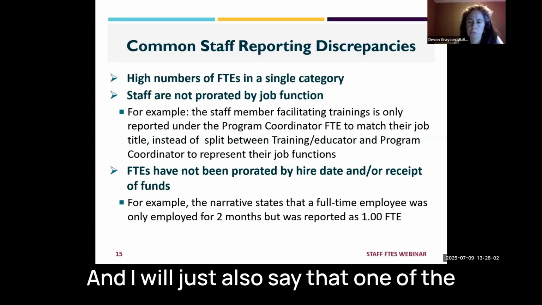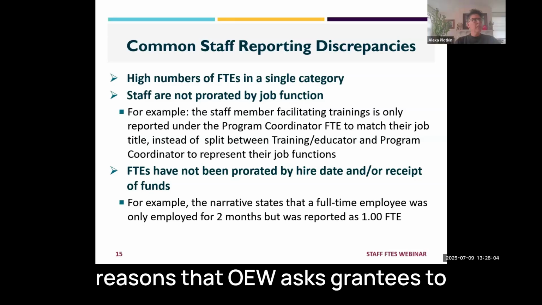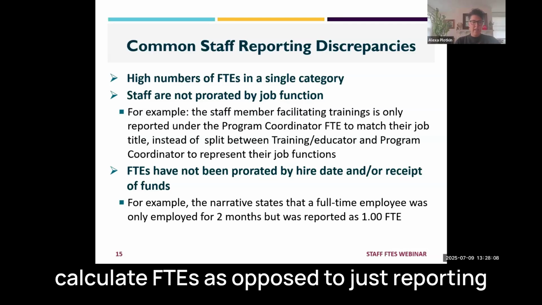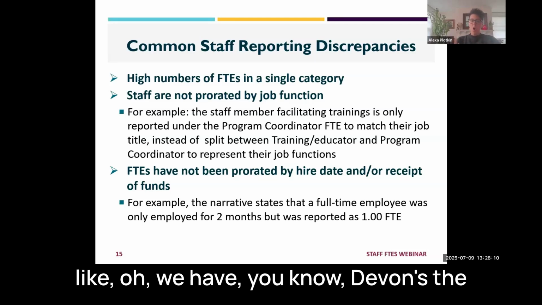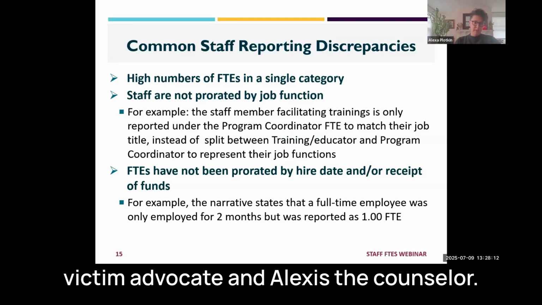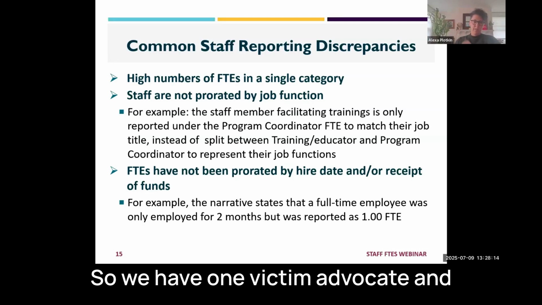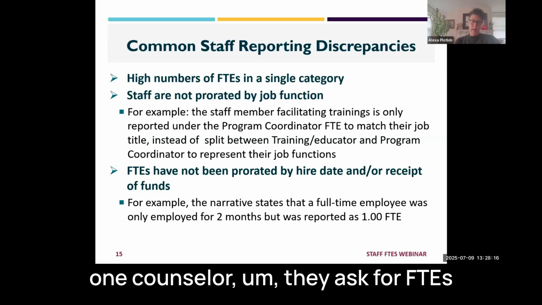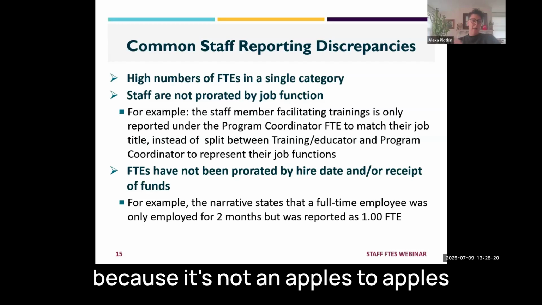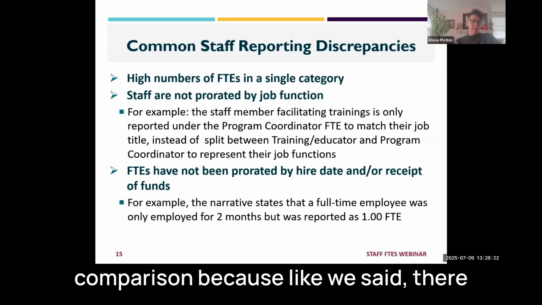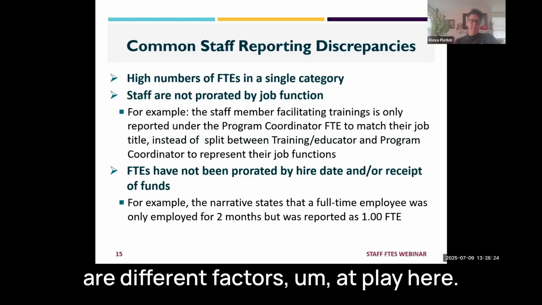And I will just also say that one of the reasons that OVW asks grantees to calculate FTEs as opposed to just reporting like, oh, we have, Devin's the victim advocate and Alexis the counselor, so we have one victim advocate and one counselor. They ask for FTEs because it's not an apples to apples comparison, because like we said, there are different factors at play here.